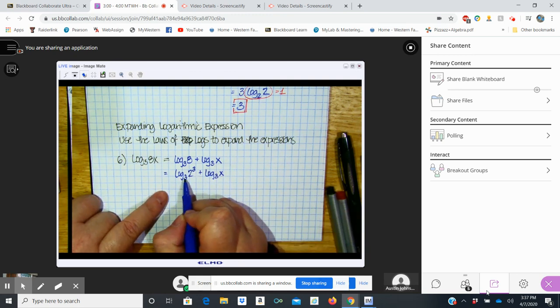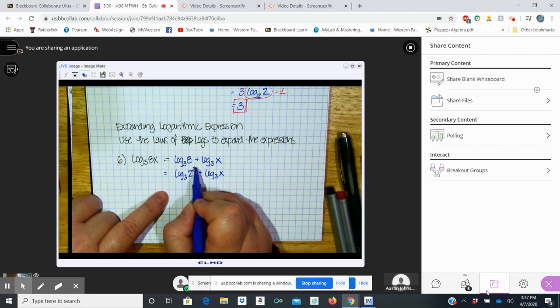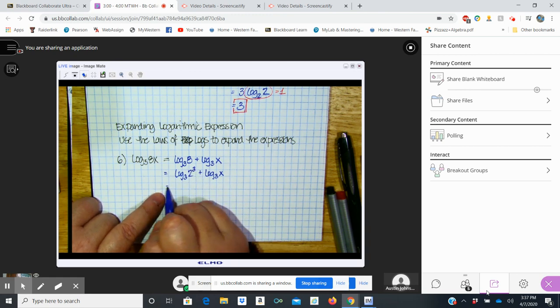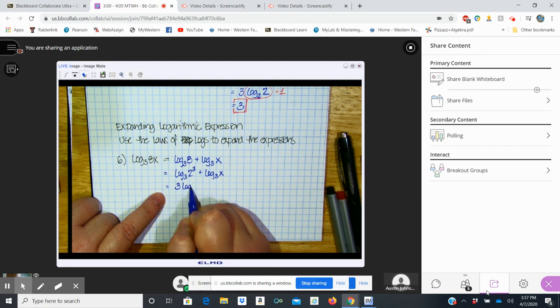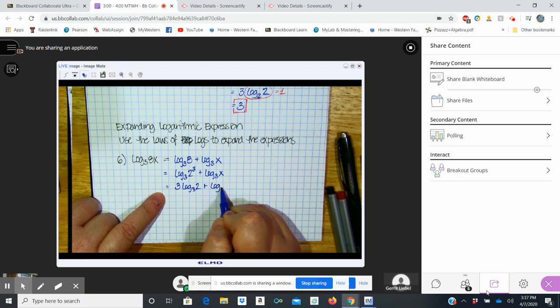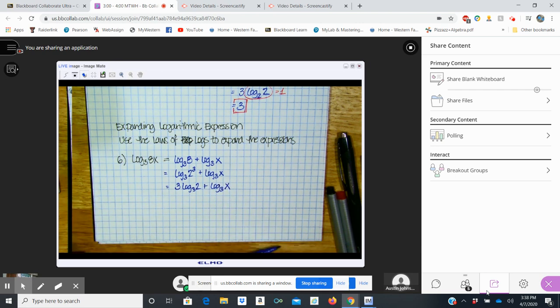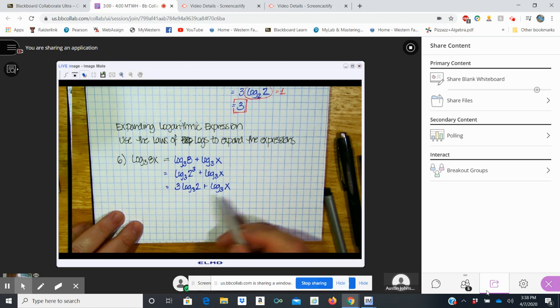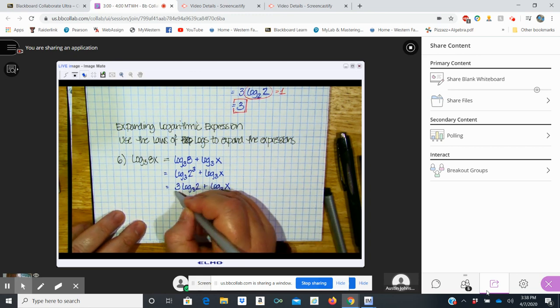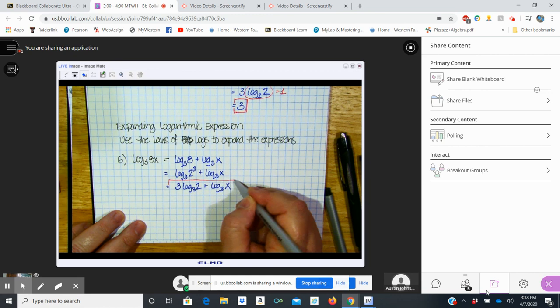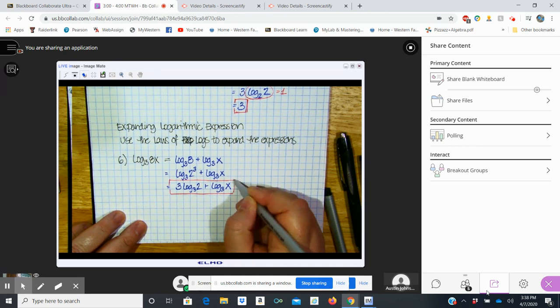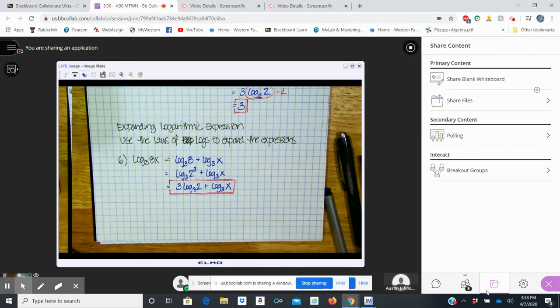Now, because I have a log base 3 of 2 to a power, I can pull that power out front, to have 3 times log base 3 of 2 plus log base 3 of x. And this is my expanded notation.